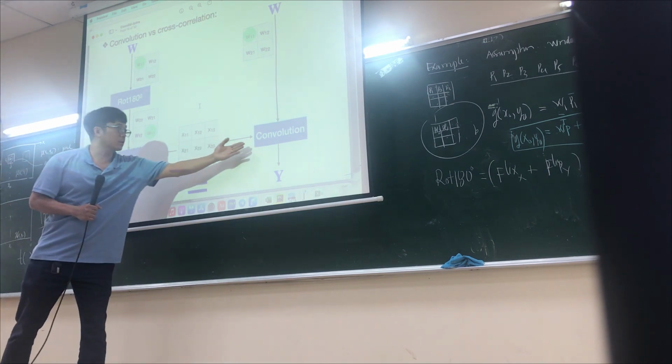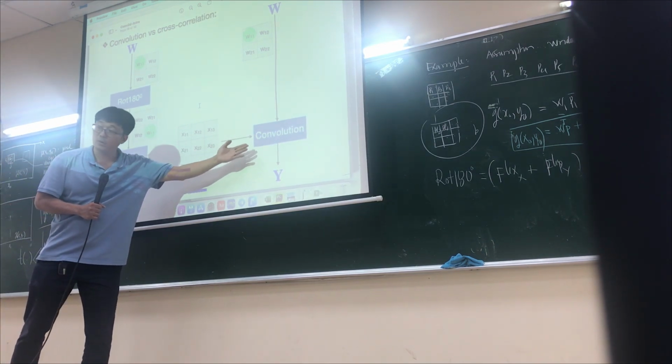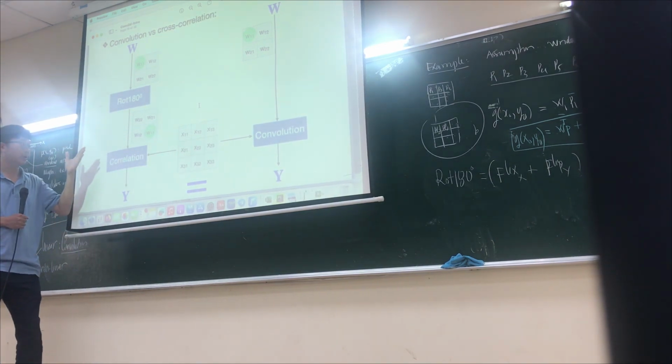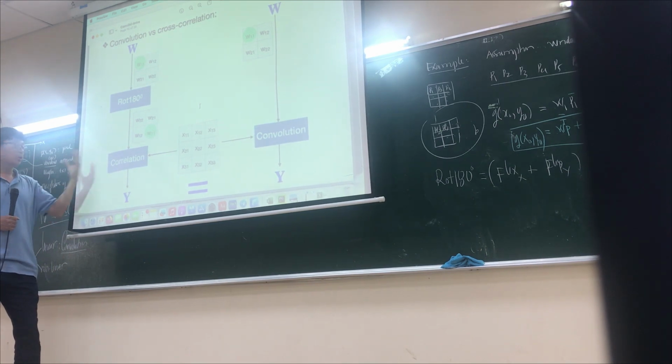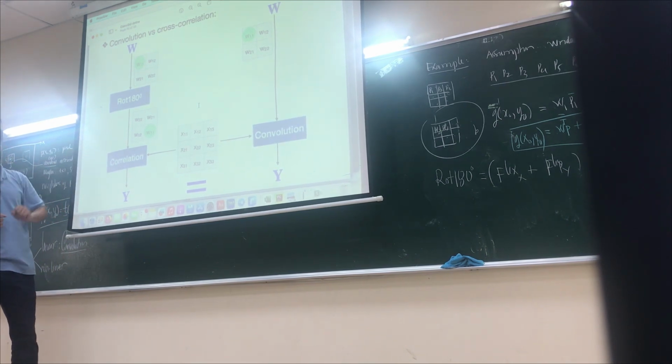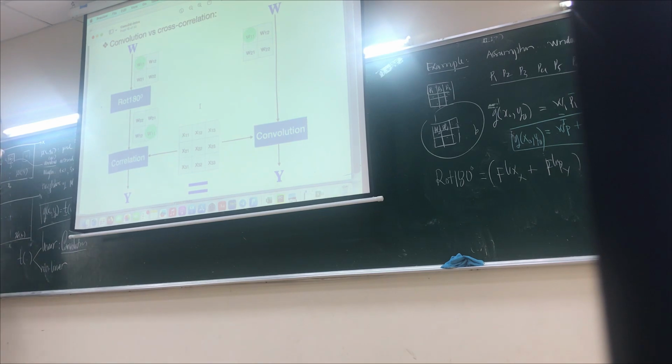Here we call convolution tích chập, and here we call correlation tương quan. For correlation, you do not need to rotate. You apply the kernel directly, you compute, you slide. That's all; we call it correlation. The difference between correlation and convolution is just the rotation of the kernel.